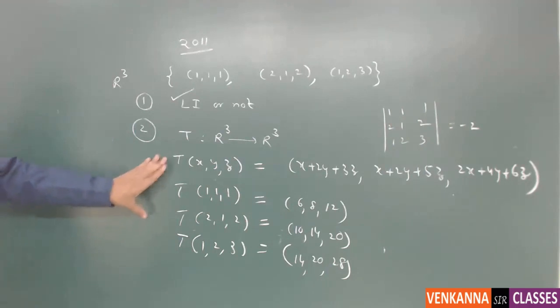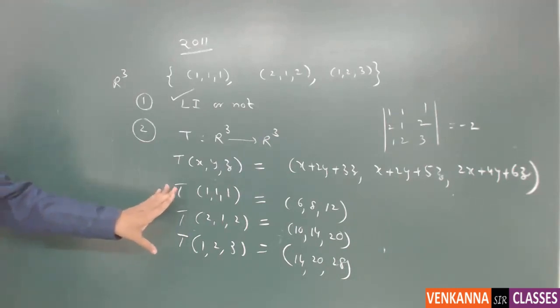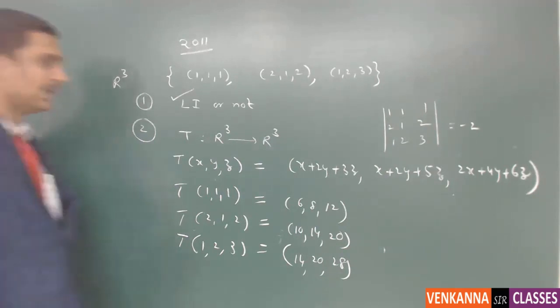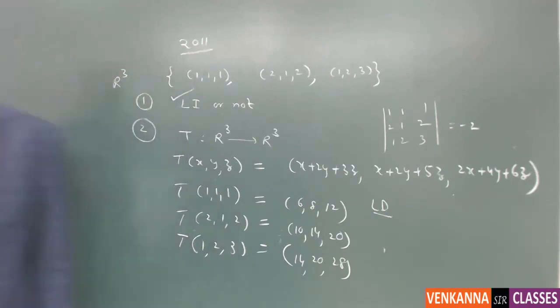If the determinant is not equal to 0, then it is a linearly independent set. Then there is no need to give the reason. If the determinant is equal to 0, then the set is LD. Now the question is, why has the set become LD?